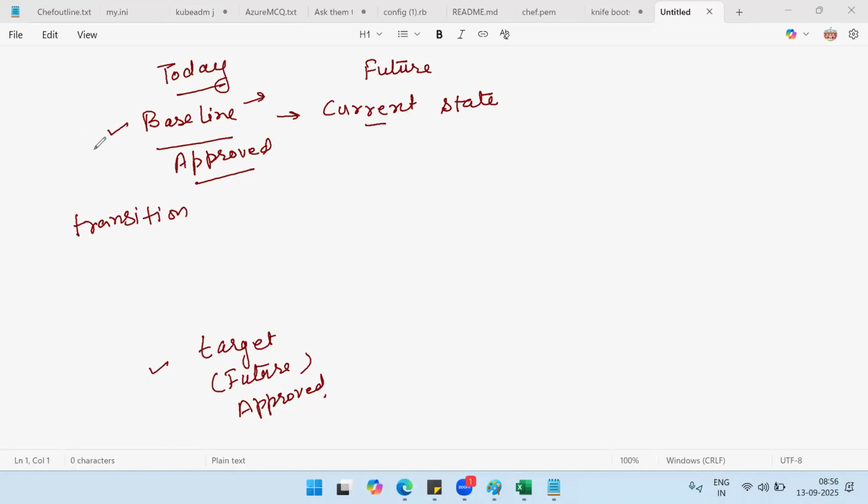So now there are three states. First state is baseline, second is target, third is transition. Right? It is basically the transformation from baseline architecture to target architecture. You can say it is some steps which we need to follow.